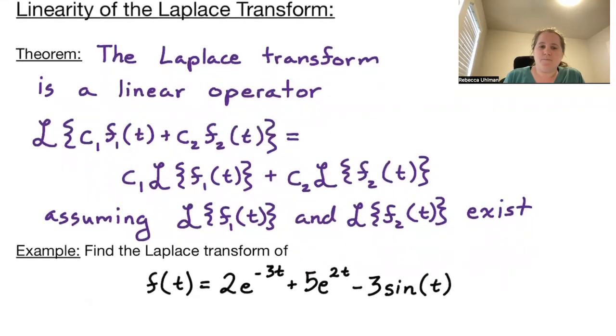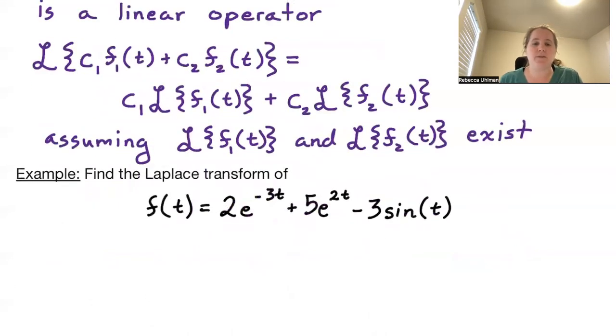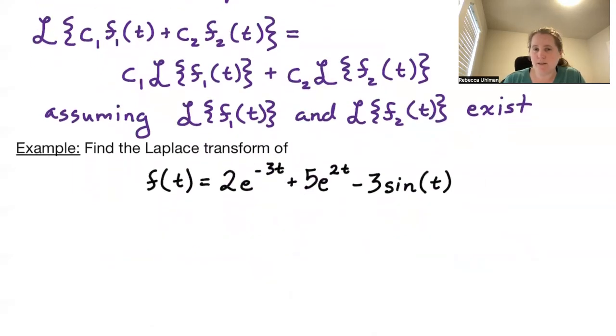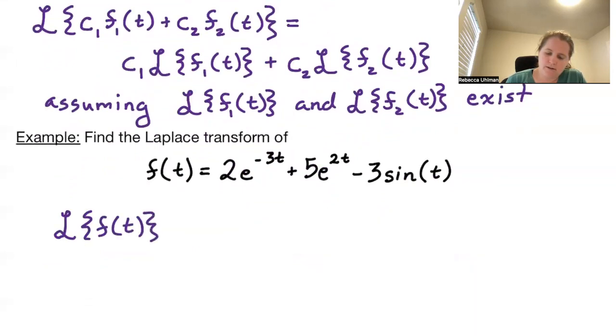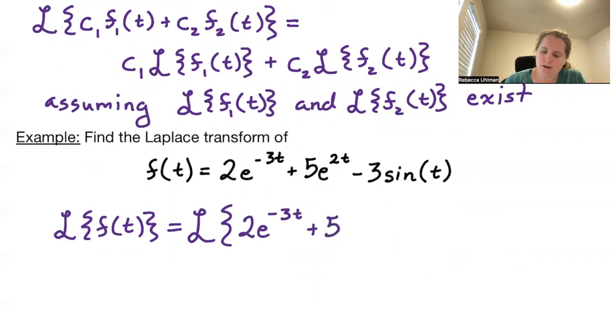So for example, if we want to find the Laplace transform of f of t equals 2e to the negative 3t plus 5e to the 2t minus 3 sine of t, we can split this into recognizable Laplace transforms. The Laplace transform of f of t is the Laplace transform of 2e to the negative 3t plus 5e to the 2t minus 3 sine of t.